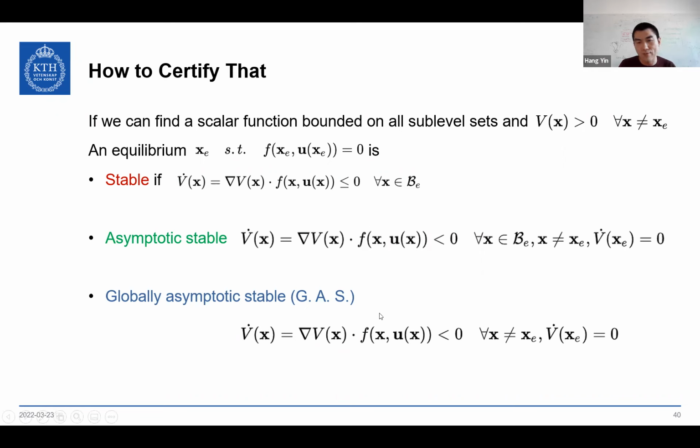And again, if you remove the condition that you have to start within this ball, then you have global asymptotic stability. So if you manage to construct this kind of energy function, you can draw some conclusions about your dynamical system. Any questions regarding this part?